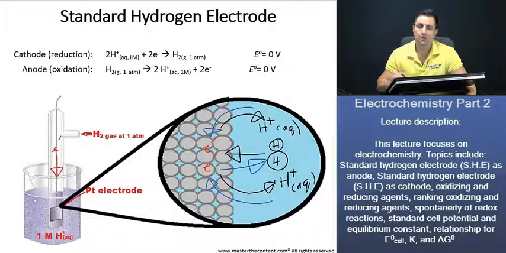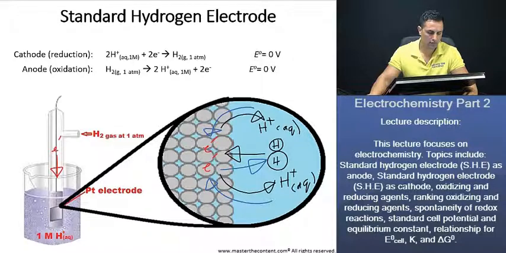Let's build on this with an in-depth example on our next slide. Just a side note: when you're doing calculations for your cell potentials, the stoichiometric coefficients, as you see here, are not significant, so you do not have to include them.